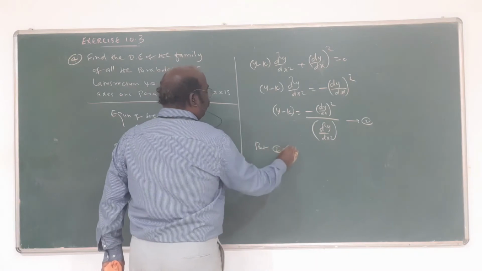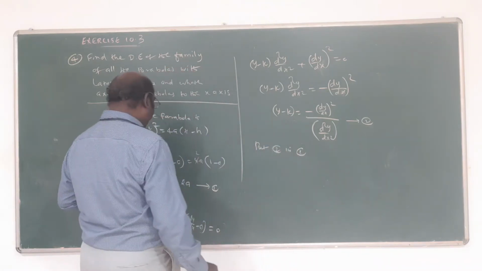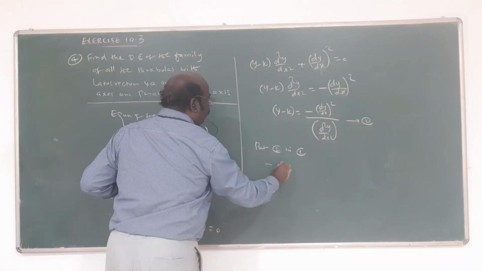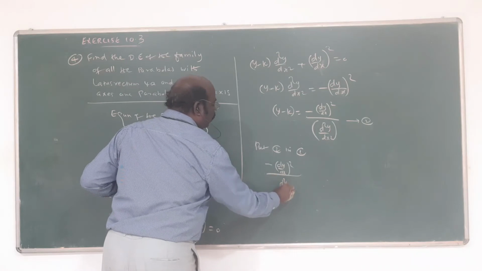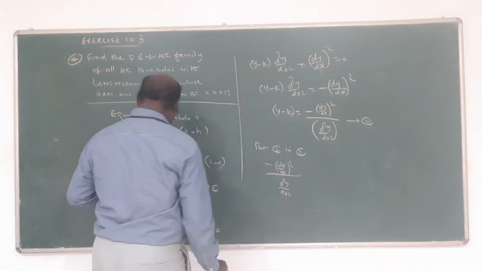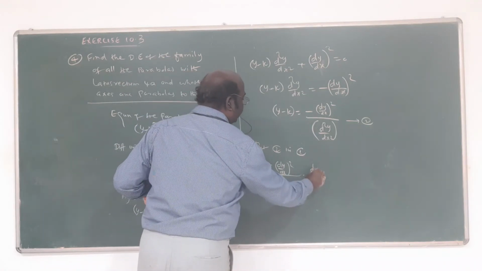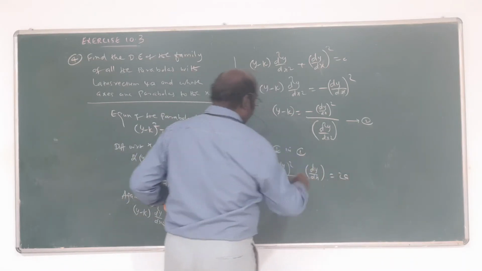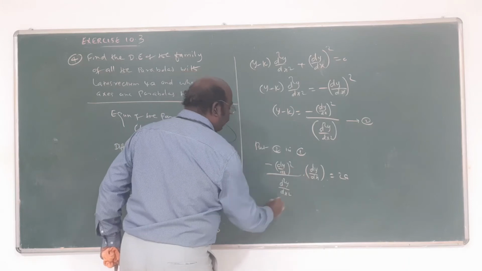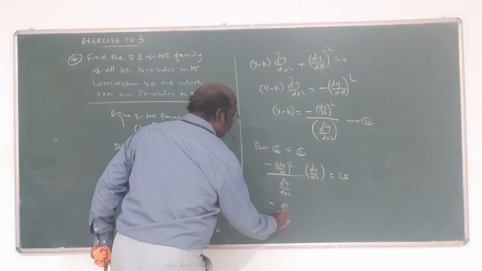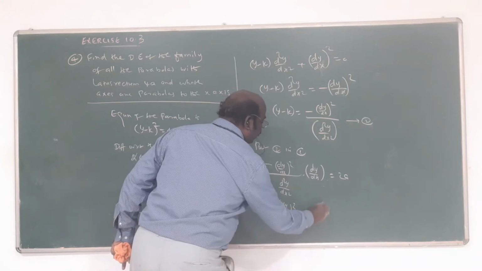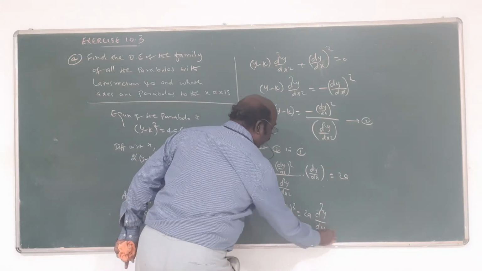Substitute here, meaning y minus k is minus (dy by dx) whole square divided by d square y by dx square, into dy by dx, equal to 2a. Now cross multiply: minus (dy by dx) whole cube equal to 2a into d square y by dx square.